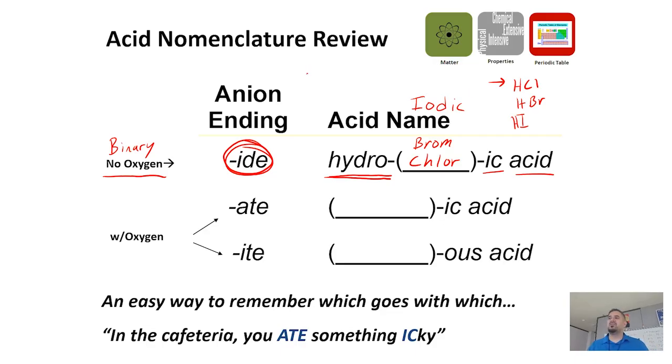But the two main exceptions you want to know are sulfur and phosphorus. So H2S, if you had to guess, what do you think that one becomes? For sulfur, we just use the whole word. So it's going to be sulfur and then IC, so sulfuric. And then another one is going to be phosphorus, so H3P.